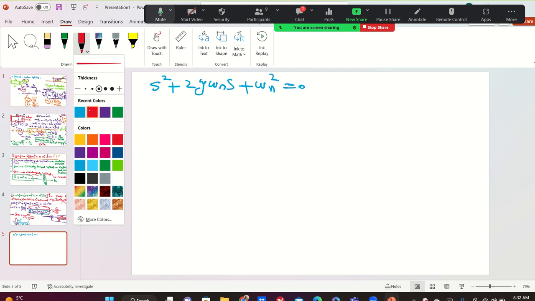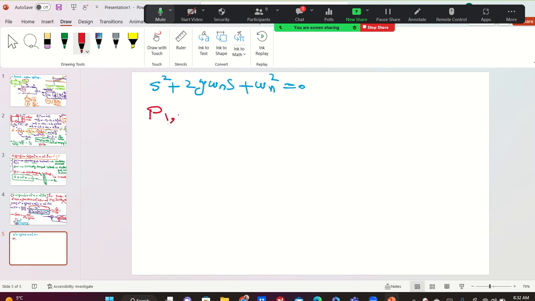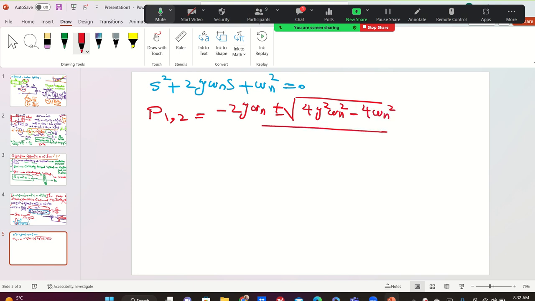From high school, you know that the two poles are going to be minus b plus minus the square root of b squared minus 4AC, where b is 2 zeta omega n and c is omega n squared, divided by 2a. A is 1. I hope that you know this from high school.